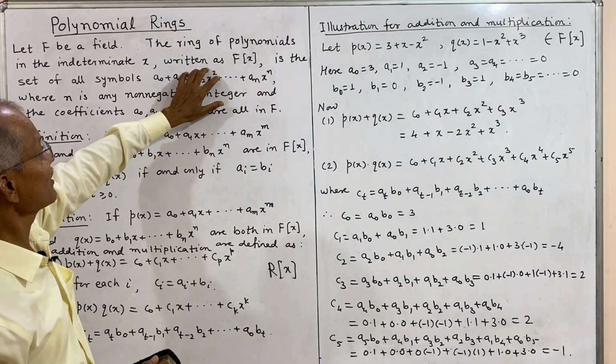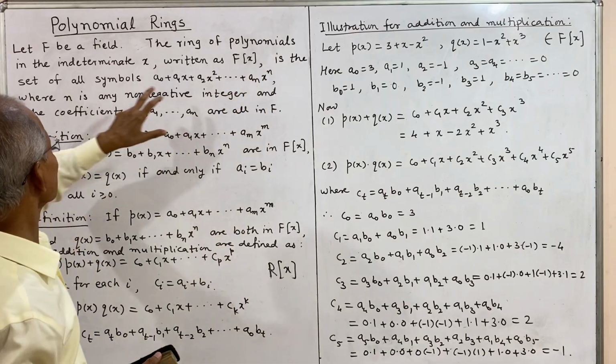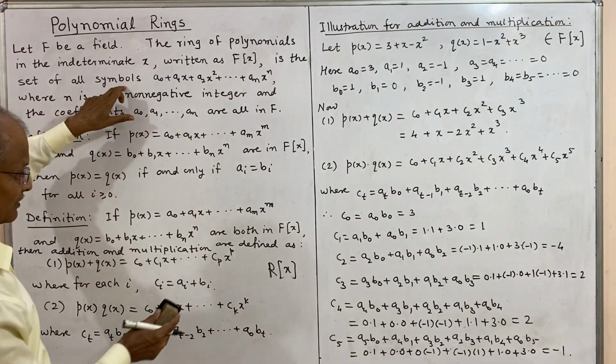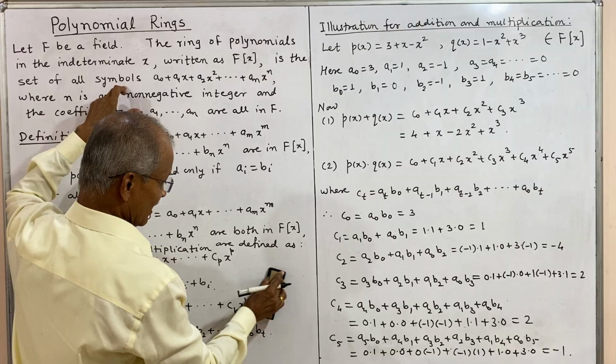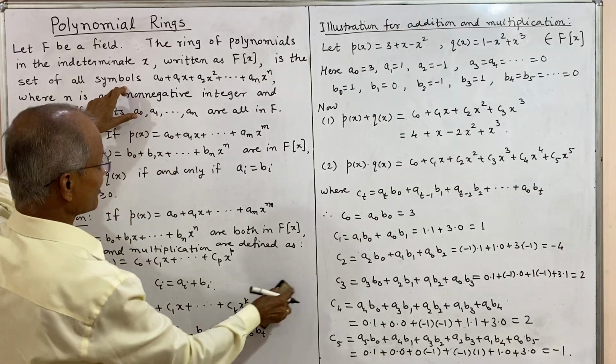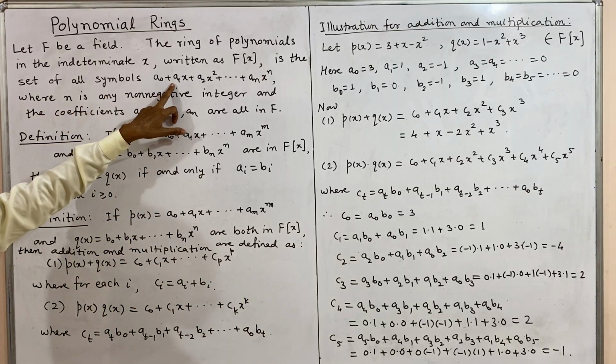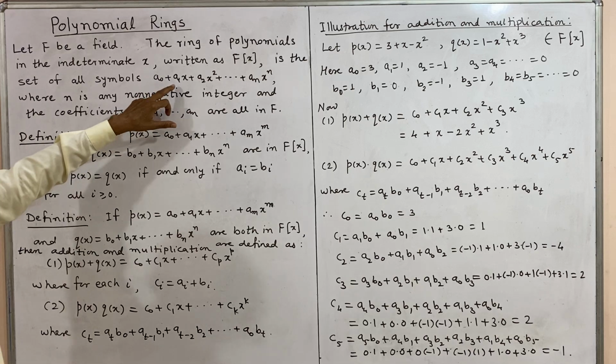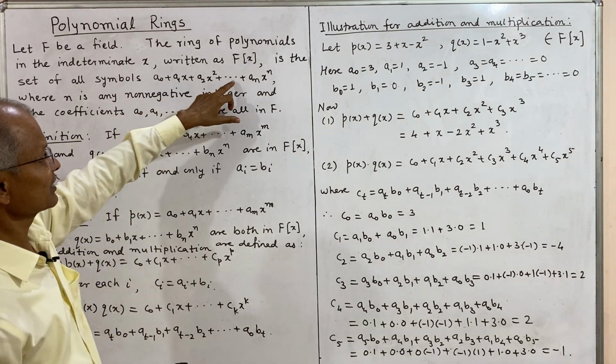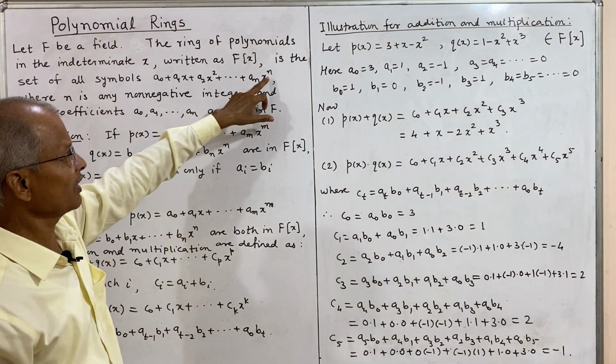And this ring F of x is the set of all symbols, that means polynomials, and we know the usual algebraic polynomial is written in this form: a naught plus a1x plus a2x square and so on up to an x power n.